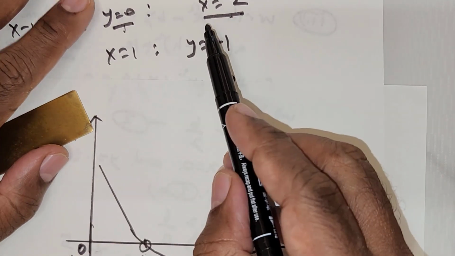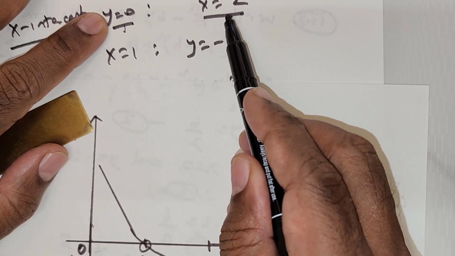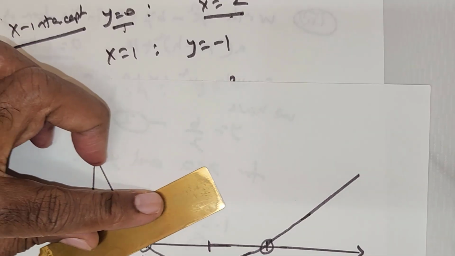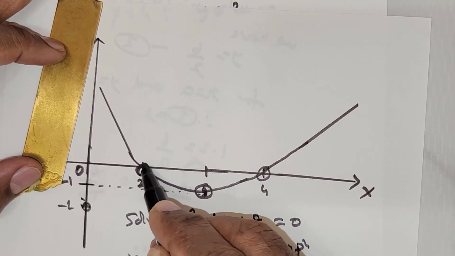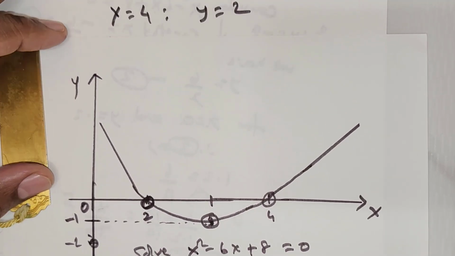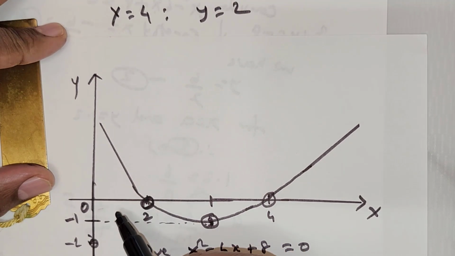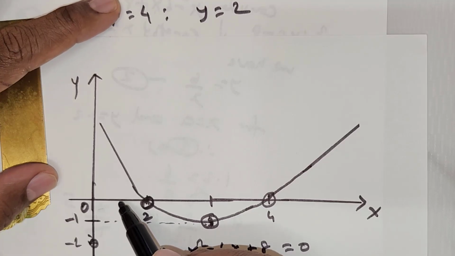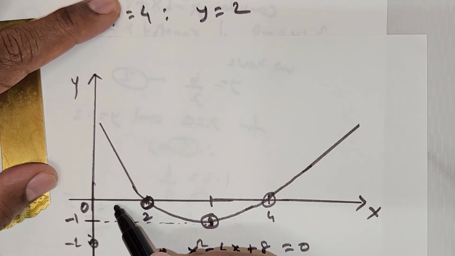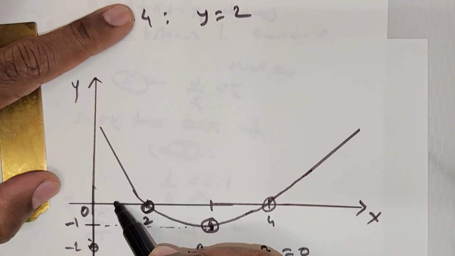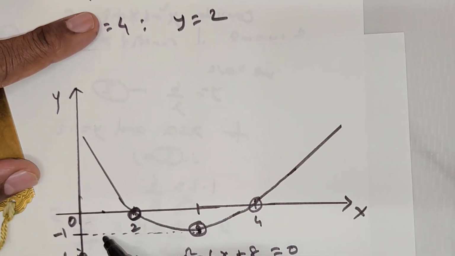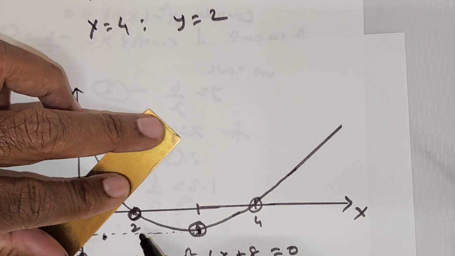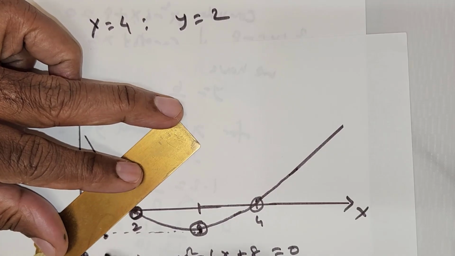There is a hit actually on the x-axis. Next is when x is equal to 1, y is equal to -1, right? Watch here, when x is equal to 1, y is equal to -1. So this is how the graph is moving.